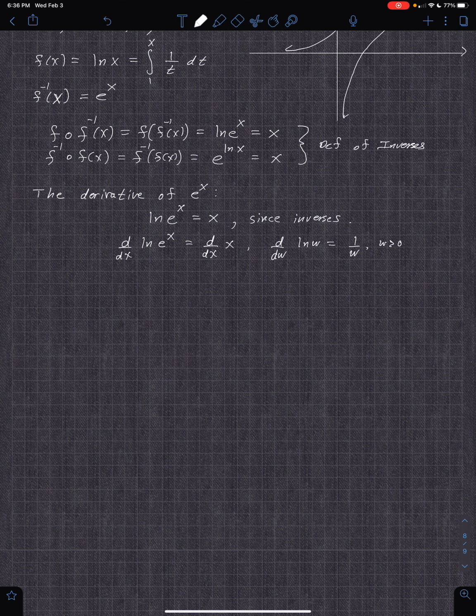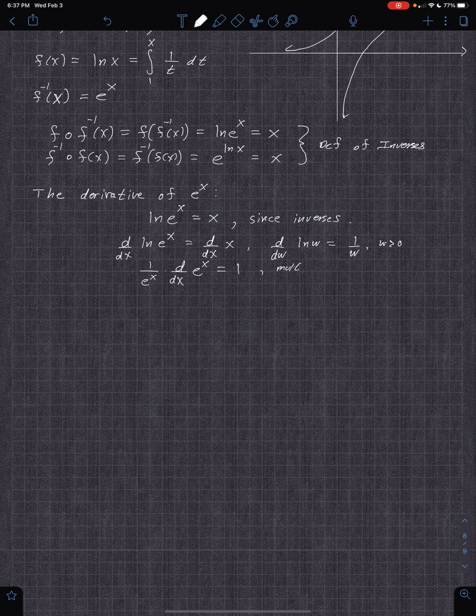So you get 1 over e to the x, and that's the derivative of ln, then it's times the derivative d/dx of e to the x, right? So it would be times what's inside prime. We don't know what that is. We're figuring it out. But that equals 1.